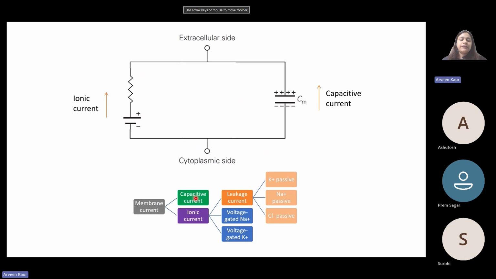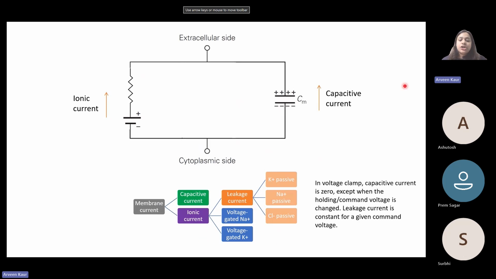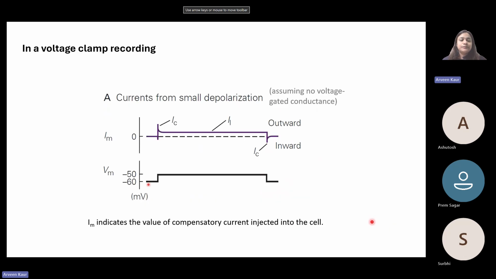The ionic current is further divided into leakage currents, which happen due to passive transport of these ions, and voltage-gated sodium or voltage-gated potassium currents. In voltage clamp, the capacitive current is zero except when the holding or command voltage is changed. The leakage current is constant for a given command voltage.